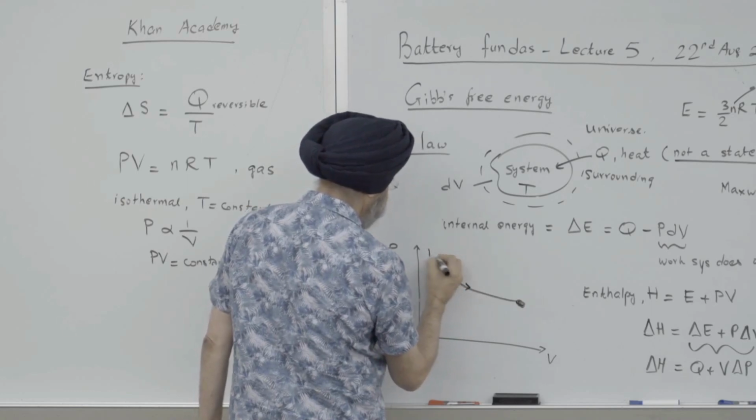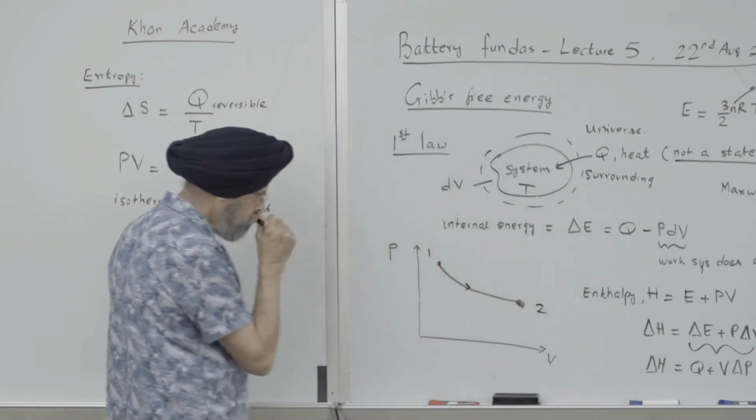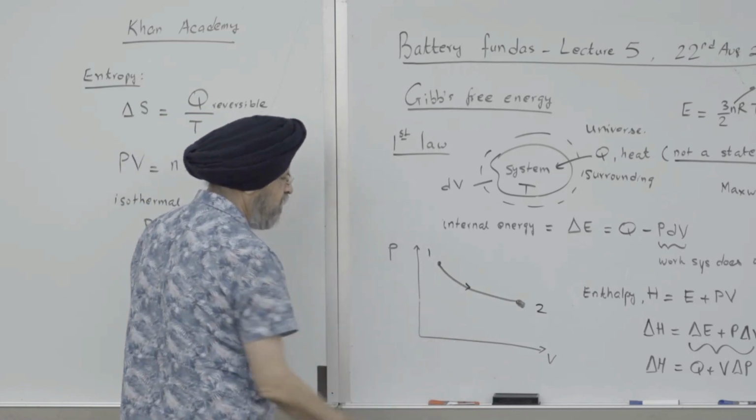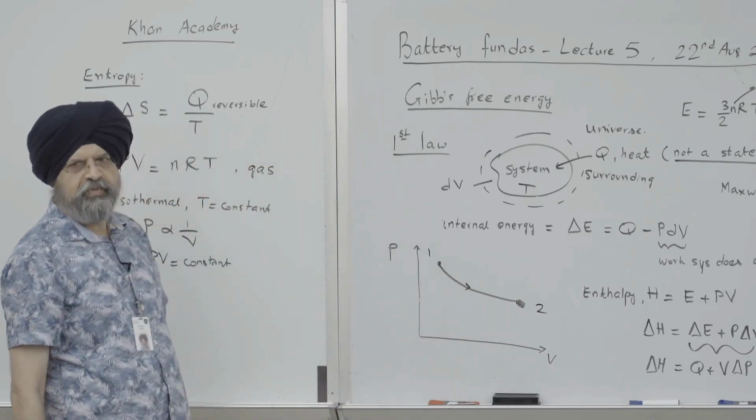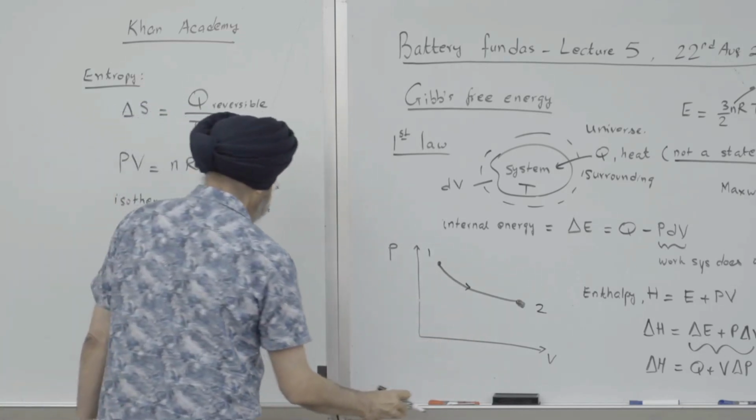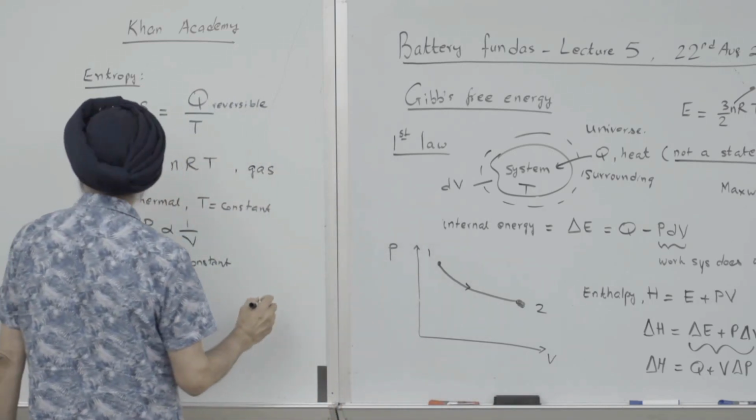So here I go from state 1 to state 2. P is inversely proportional to V. By isothermal, I mean this. And this is an important thing to know.